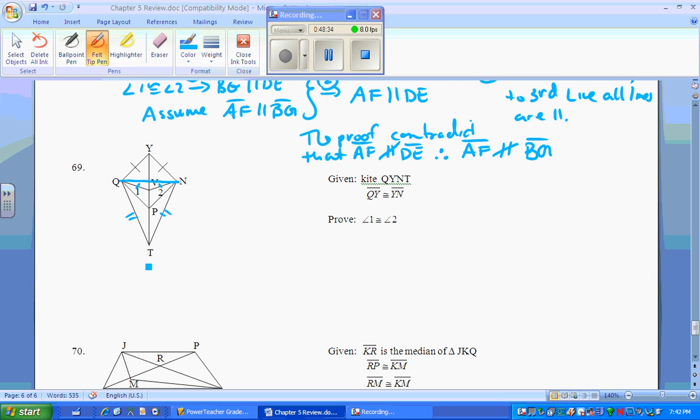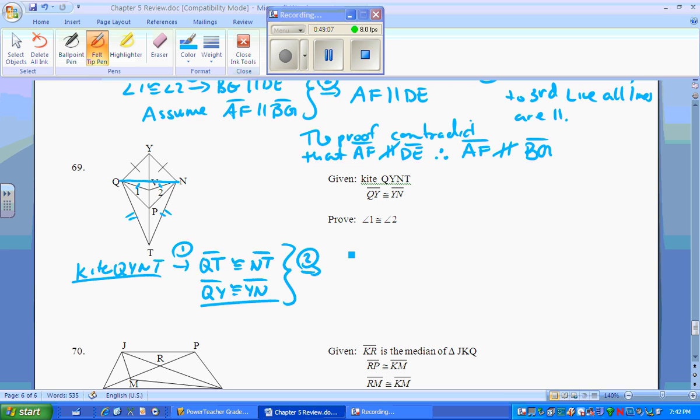Well, if this is a kite, right, we know that QT is congruent to NT, and we already knew that QY was congruent to YN because given.